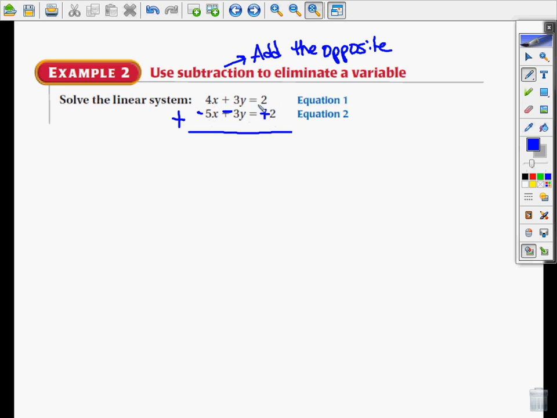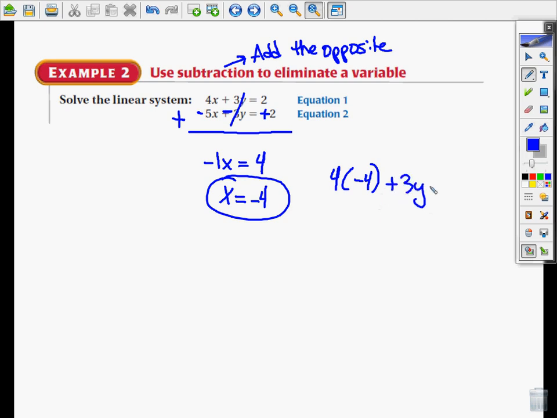I don't do anything to this top equation. So 4x plus negative 5x is negative 1x. 3y plus negative 3y drops. 2 plus positive 2 is 4. Divide by the negative 1, and I get negative 4 for x. I've solved that one. Now I want to solve for the eliminated variable. I will put this in my top equation just because I'm a creature of habit and that's where I generally put it.